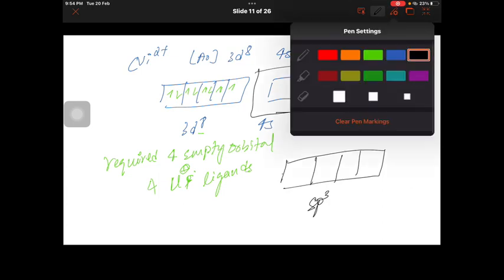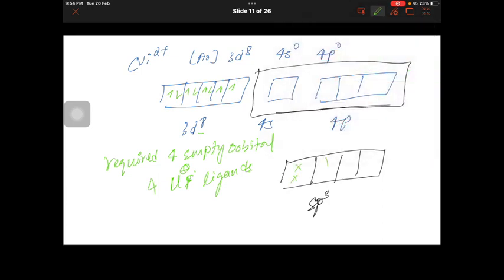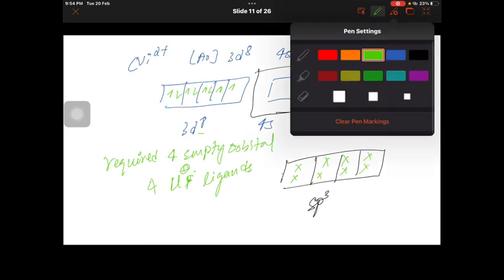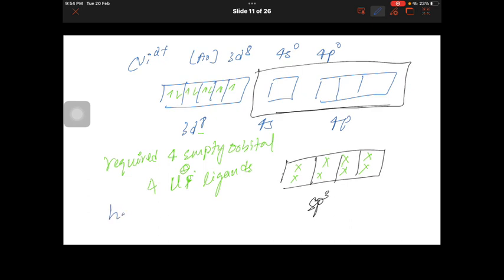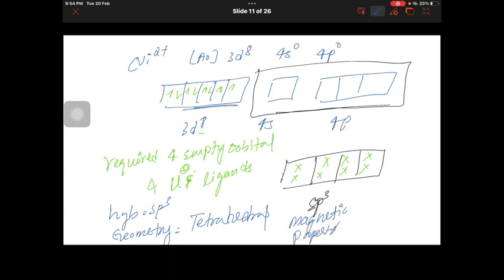Each sp3 hybrid orbital takes electrons from the Cl minus ligand, forming a coordinate covalent bond. That's why here hybridization is sp3; when hybridization is sp3, geometry is tetrahedral. Then magnetic property: observe here there are unpaired electrons, 2 unpaired electrons. That's why it is paramagnetic property.